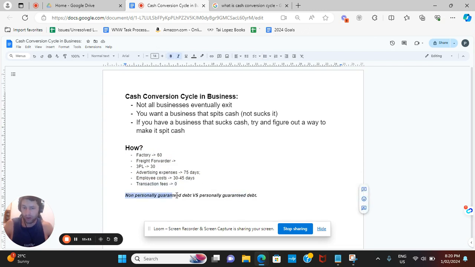And what is non-personally guaranteed, which means if you can't pay these people, the company just goes bankrupt, but then you don't actually have to pay. Now, obviously, that's probably going to hurt your ability to get credit the next time, but you still have your house or things outside of the business. So it's probably a bit too complicated for this video, but again, this is the kind of business you want to run when you're starting out.